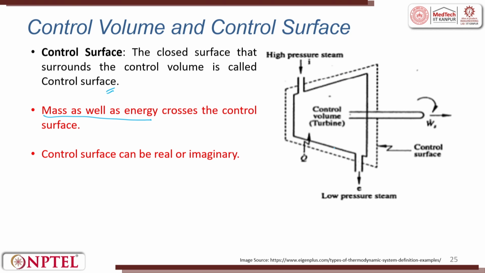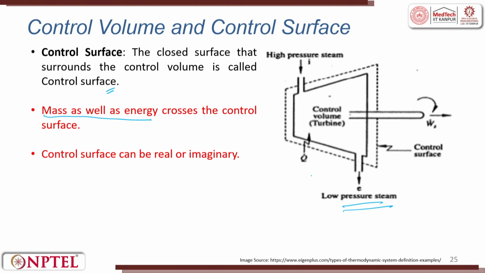Turbine we will see a little later. What happens in a turbine is you push a high pressure steam, which is what a nozzle is used for. Then there is a turbine blade that tries to rotate because the pressure is very high. As and when the work is done, the pressure falls down, and what exits is called low pressure steam.